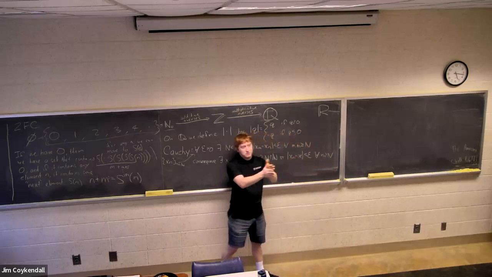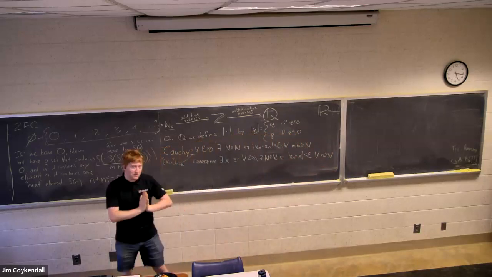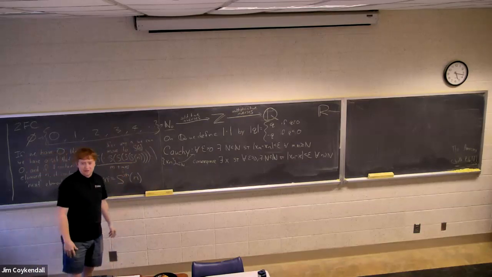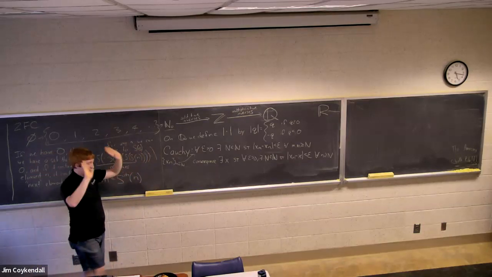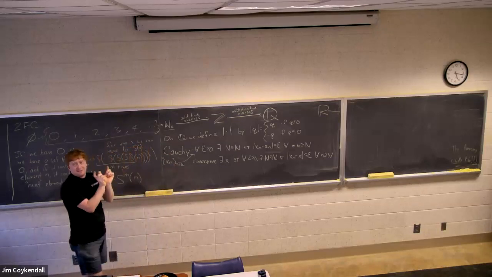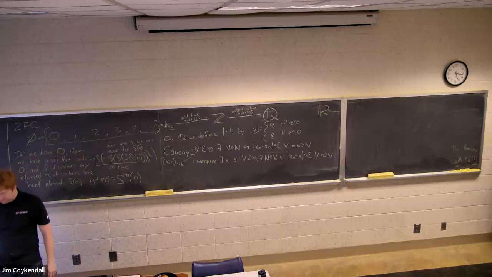No matter how close we want our elements to be to this limiting value, we're going to be able to reach a point in our sequence where everything after that is within that defined distance from our limit.